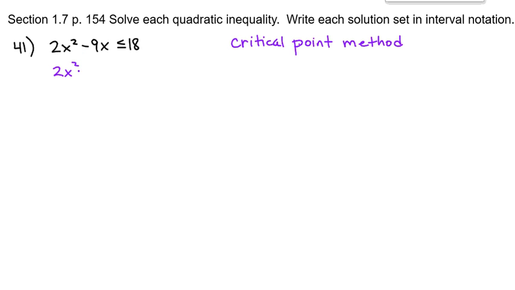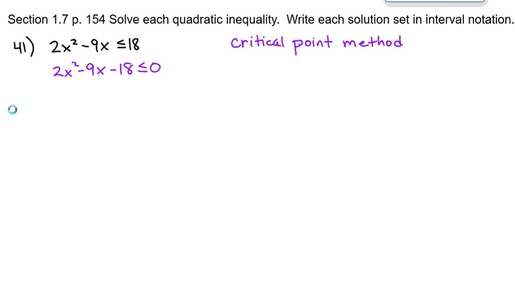So I'm going to subtract 18 from both sides. 0 is important with inequalities because less than 0 is negative, greater than 0 is positive, so 0 is a really key number to involve.